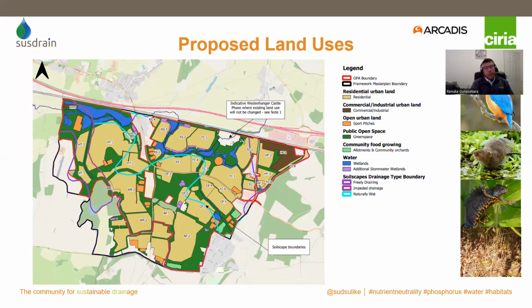You may be already aware that, for example, sports pitches, although they are green infrastructure, you need to treat them as urban space in terms of the neutrality purpose, because they can generate higher nutrient exports.